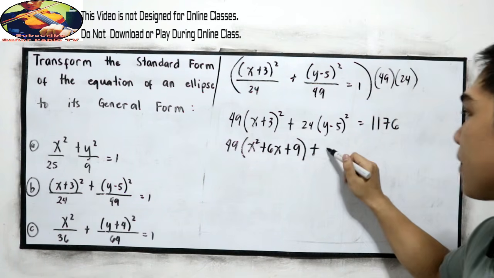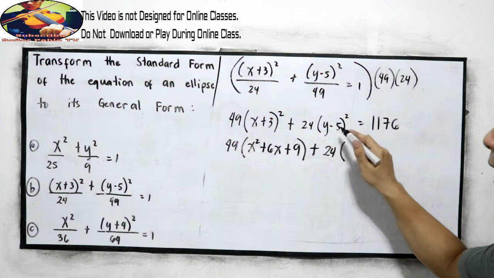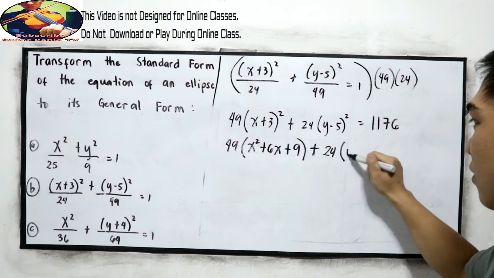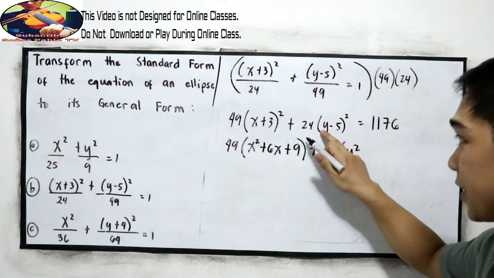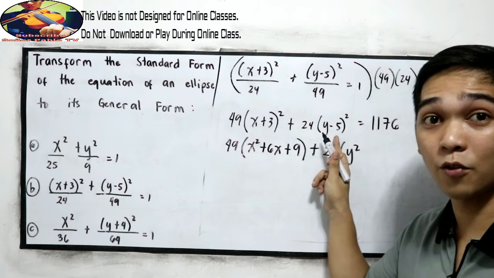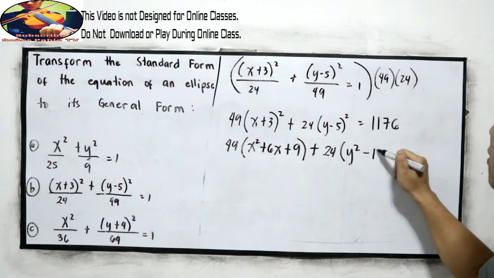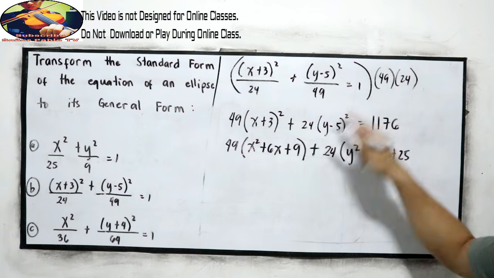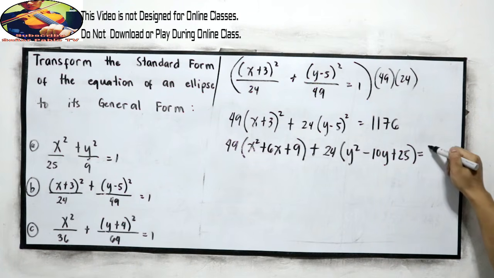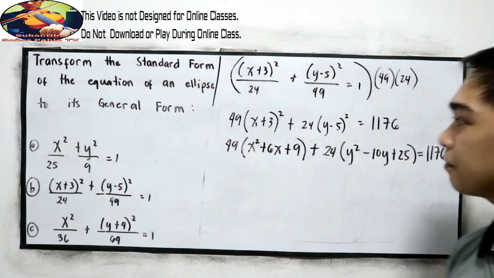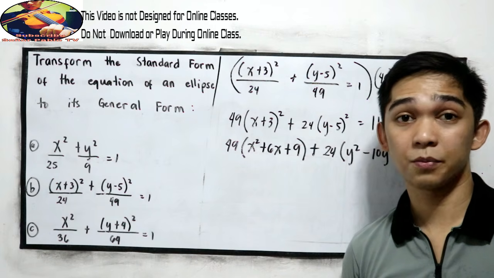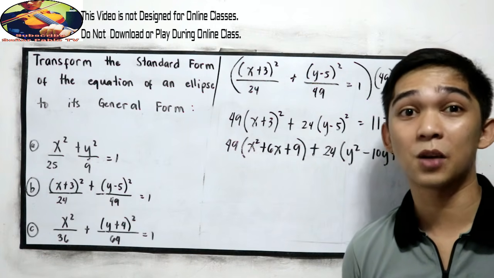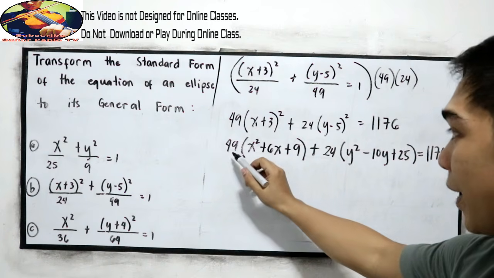Plus 24 times: expand, square the first term, that is y squared, multiply the first term and the second term, negative 5y times 2, negative 10y. Then square the second term, 5 squared, 25, is equal to 1176. If you want to master these special products, go to our grade 8 playlist and watch our lesson 1 special products.